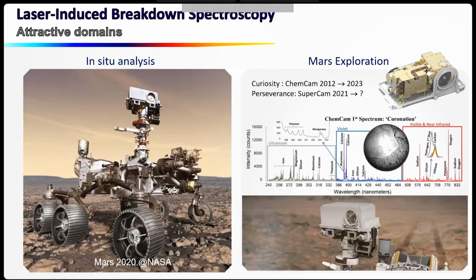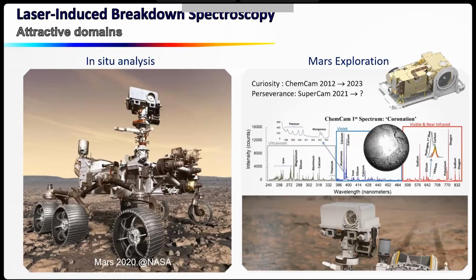This was the most expensive LIBS instrument of all time, $1 billion. But it works very well, because for 10 years now, there have regularly been about 50 LIBS spectra per day from Mars. And you have here the first LIBS spectra obtained on Mars.